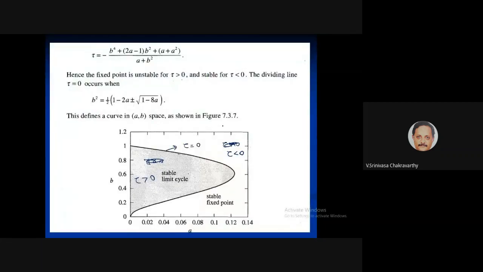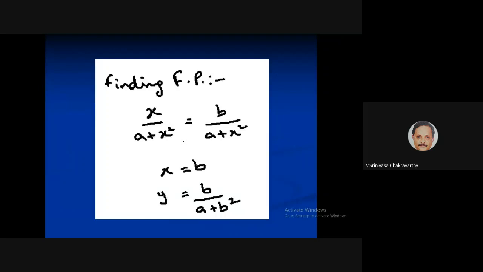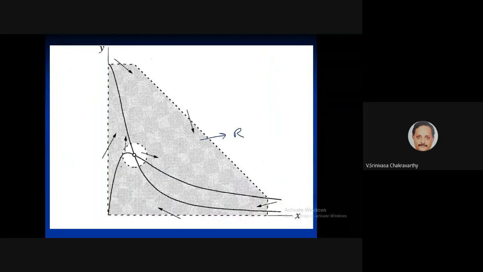If you simulate it, you can see the limit cycle going around somewhere inside the gray region. So it's a fairly elaborate procedure, and also there is no standard procedure for finding the region R. It depends upon your intuitive understanding of the system and so on.